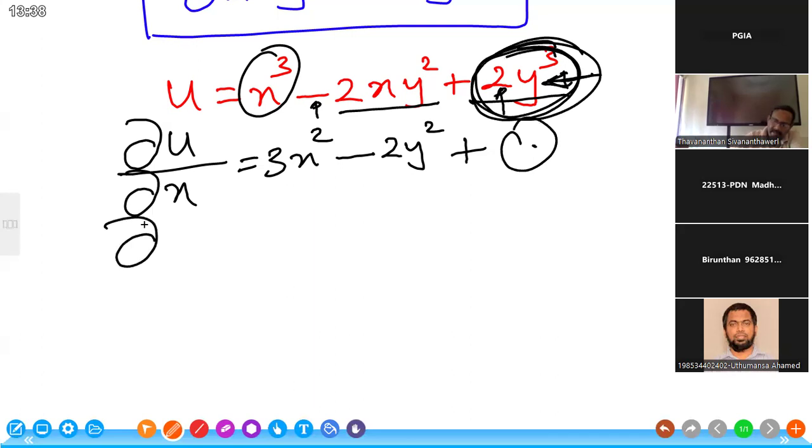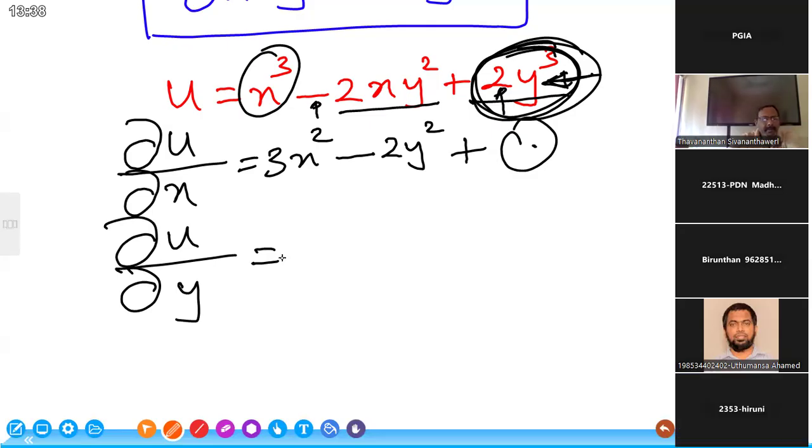Right. Similarly, ∂u/∂y. Can you tell me each component? Again 0. Yeah, the first part will be 0 because there is no y component there.